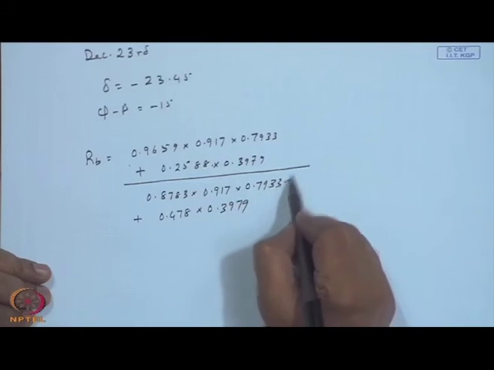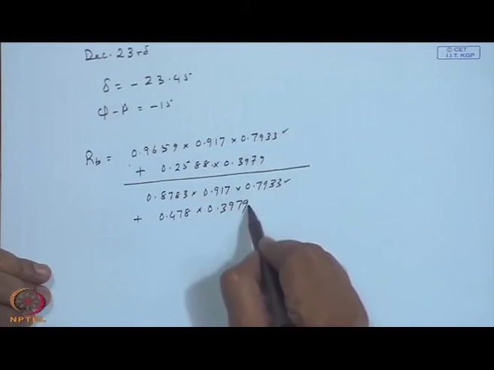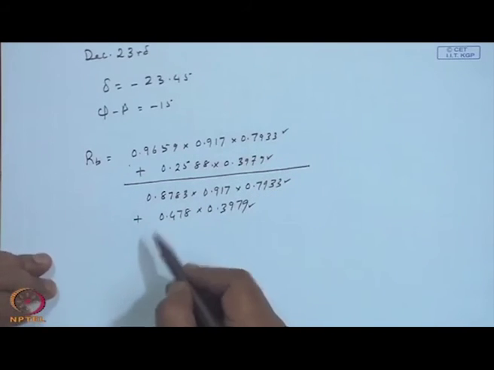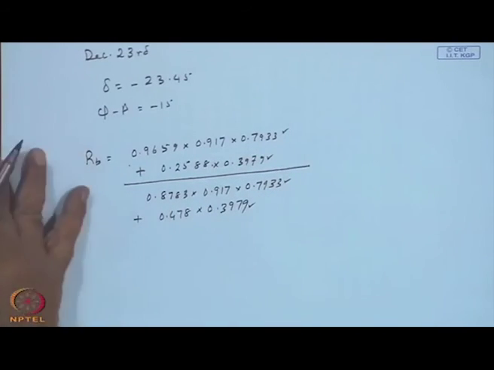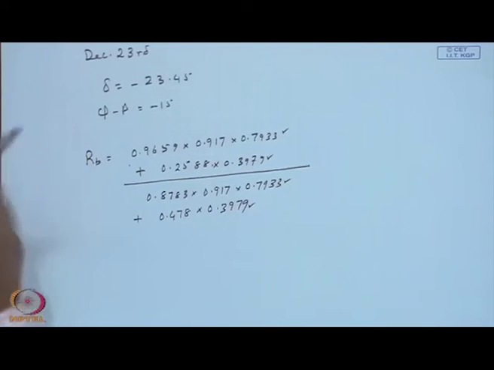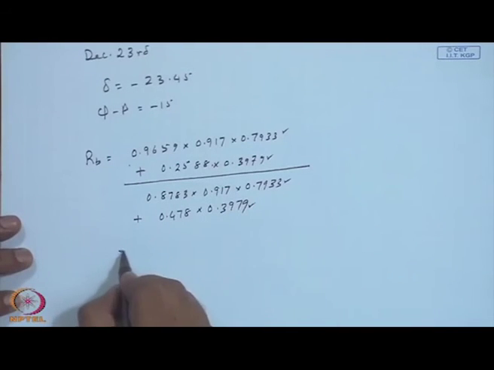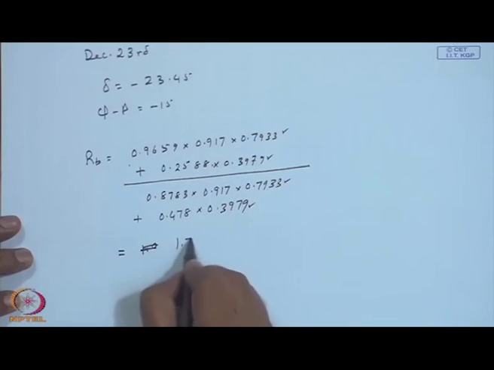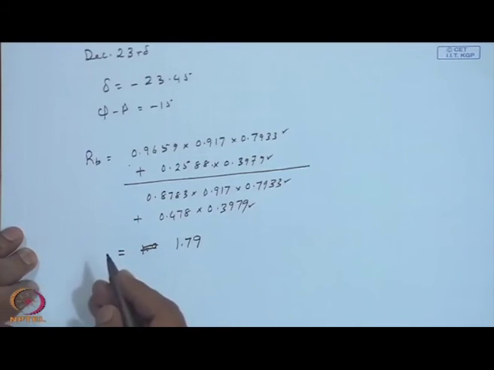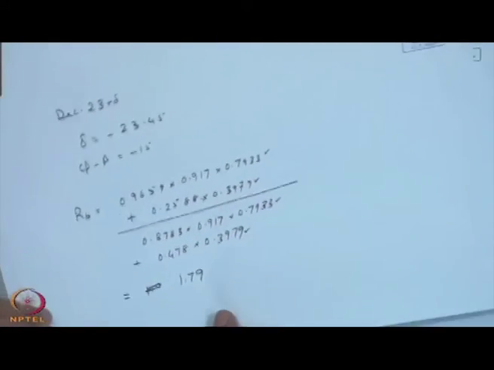As I check, this is the same as this is the same as this. Of course, I could have committed a mistake at both the places. This will turn out to be 1.79, a pretty high value compared to less than 1 and 1.09 values.